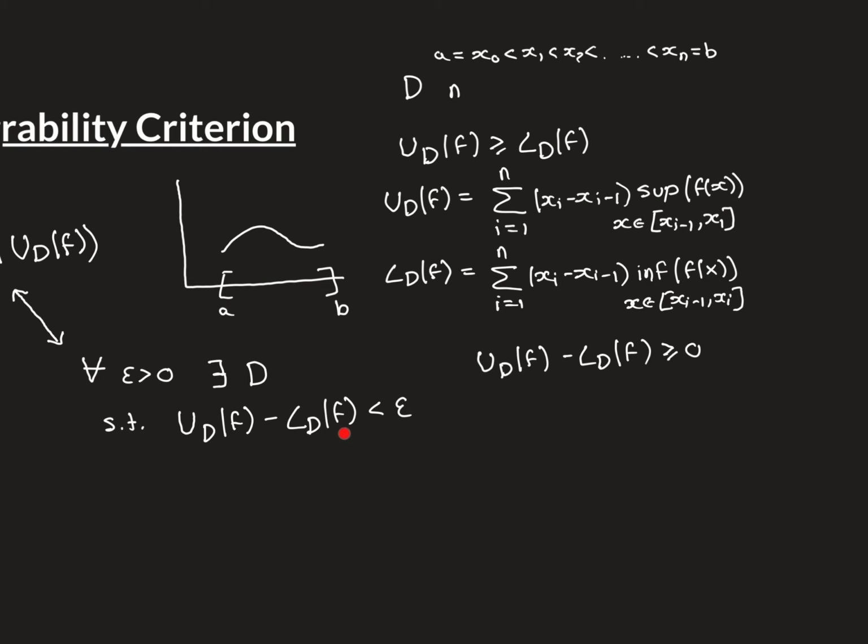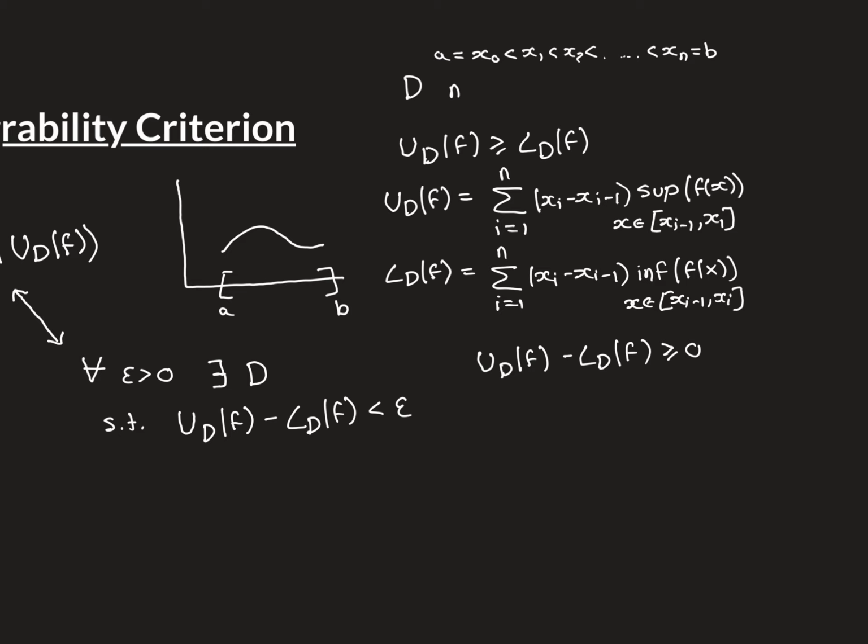So what the Riemann Integrability Criterion is saying is that, even though we know this is always going to be greater than or equal to 0, you can get it indefinitely close to 0, because however small you pick epsilon, I must be able to find you a dissection of this interval such that this difference is less than that epsilon.